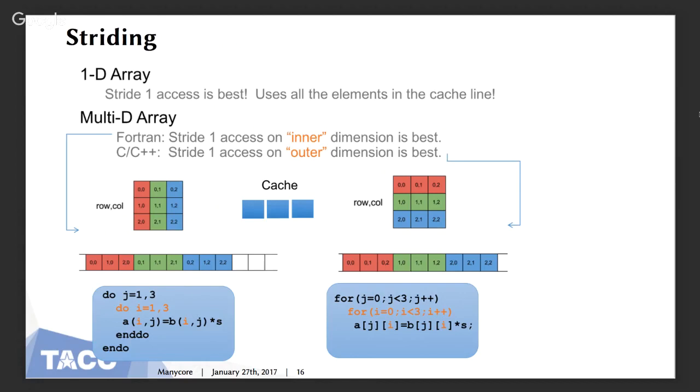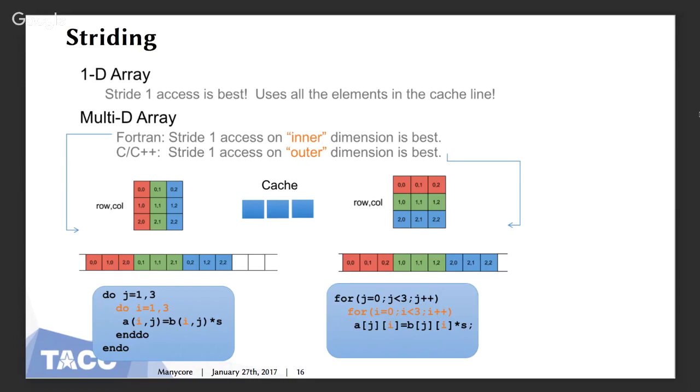Those are the first elements in memory. Then the green is the second row. Those are the next elements in memory. And the blue is the third row, and the last elements in memory. And so actually, you want to be accessing the outer dimension faster than the inner dimension when you are going through two-dimensional arrays in C. Fortran is just the opposite.